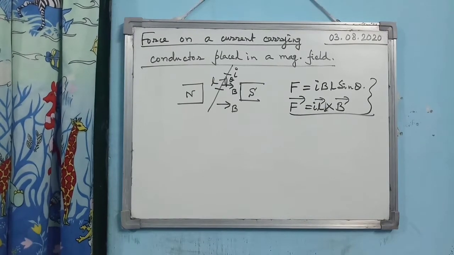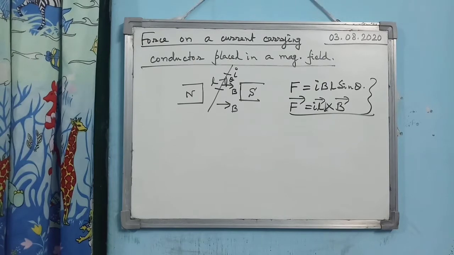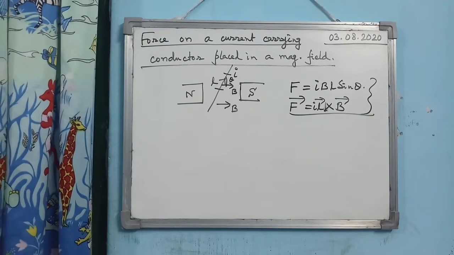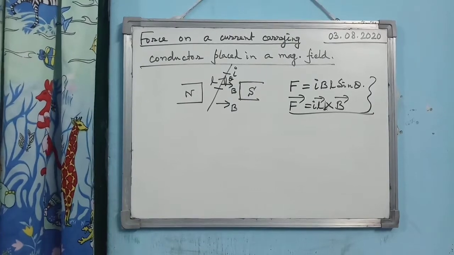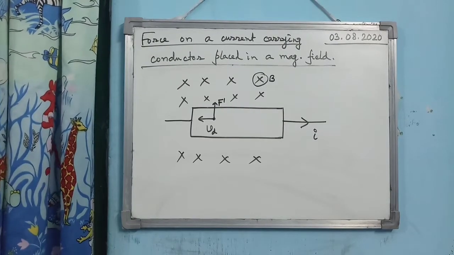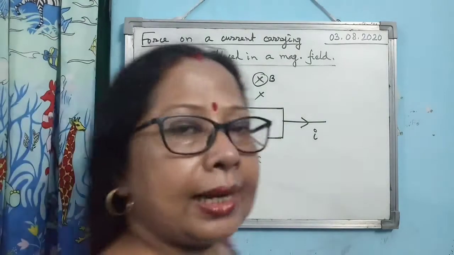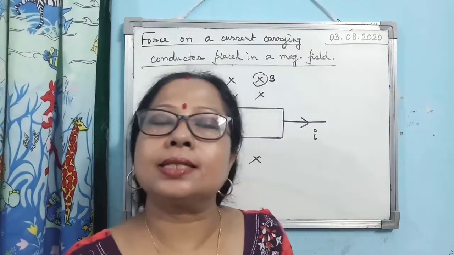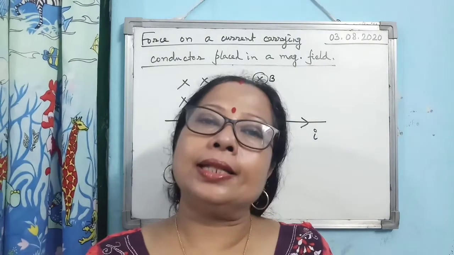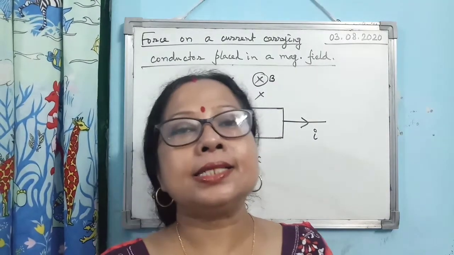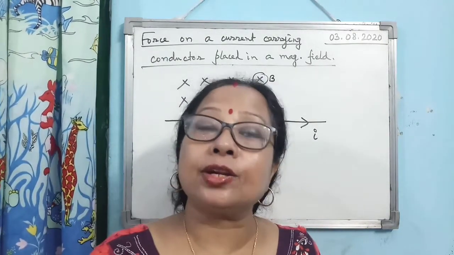Now we can derive this relation F is equal to I B L sine theta by applying the concept of the Lorentz force. How can we do that? We know that whenever there is a current carrying conductor, inside the conductor there are electrons.